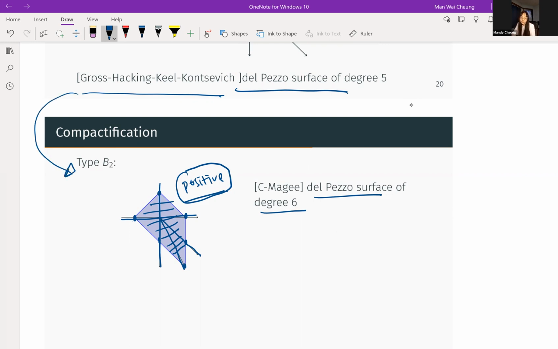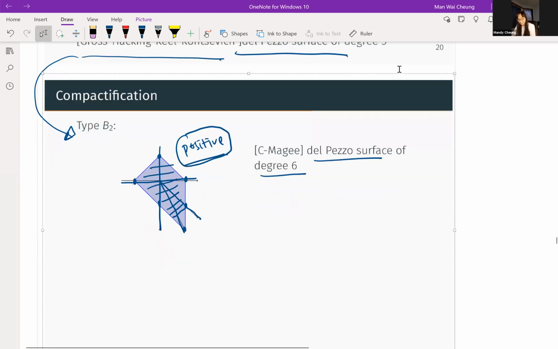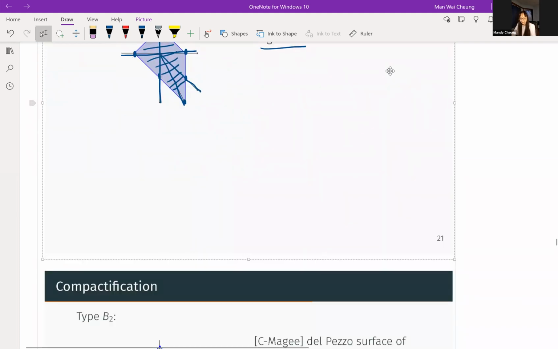And even with Tim, when we first tried to compute this, we needed to use the root system of B2 to deduce the result. So you can see now with this broken line convexity, we can just check if the set is positive or not almost immediately.